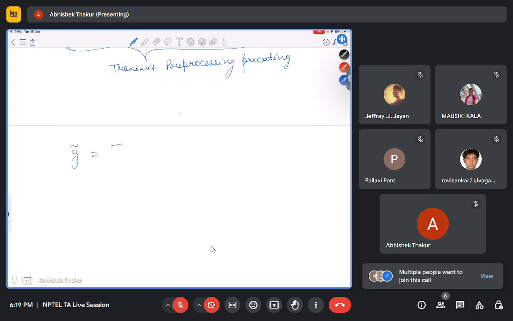And the received symbol can be given as y tilde equals sigma x tilde plus w tilde.